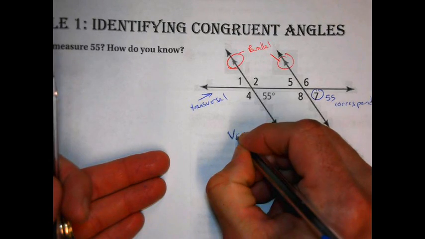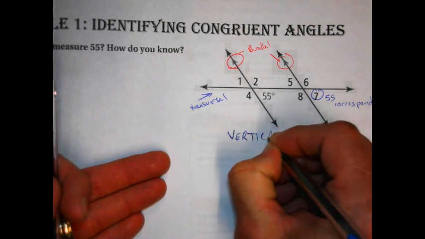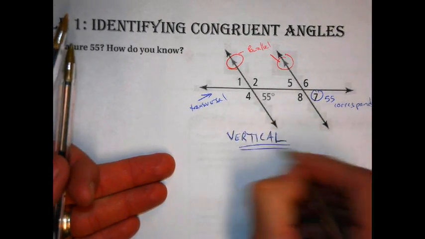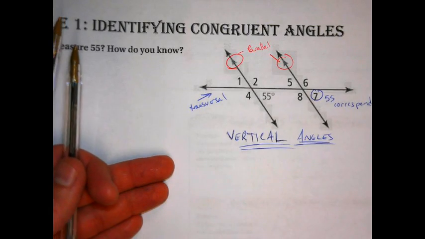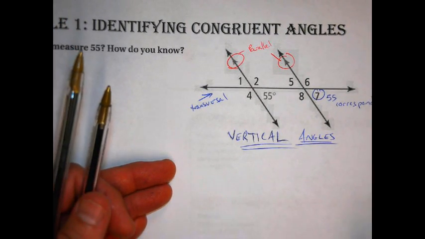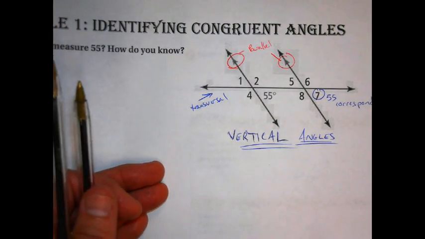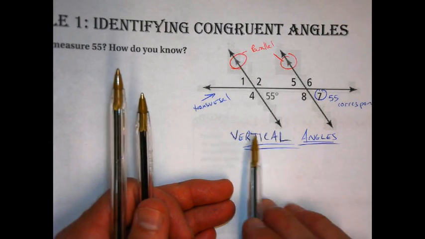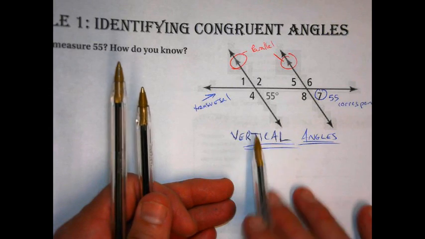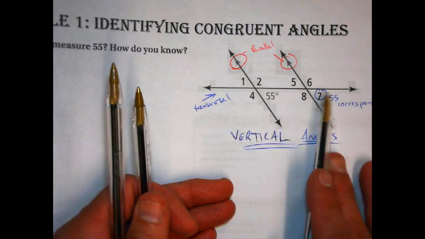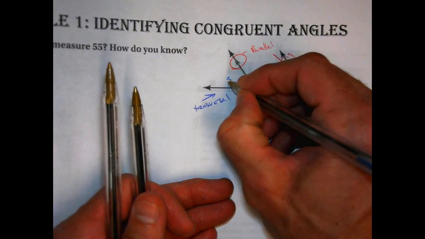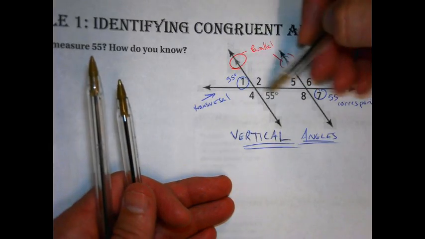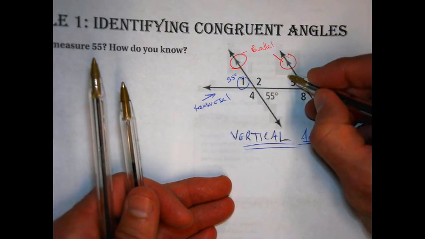We can't forget about vertical angles being congruent. We already learned that in the previous unit. So if 55 is here, and 7 is corresponding, that means angle 1 is also 55 because of vertical angles, and angle 5 is also 55 because of vertical angles.